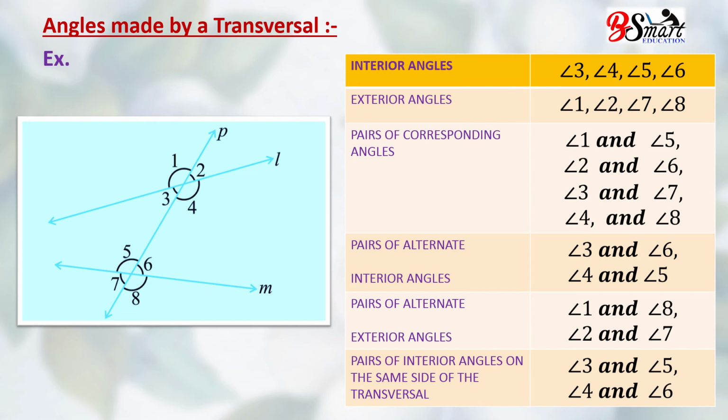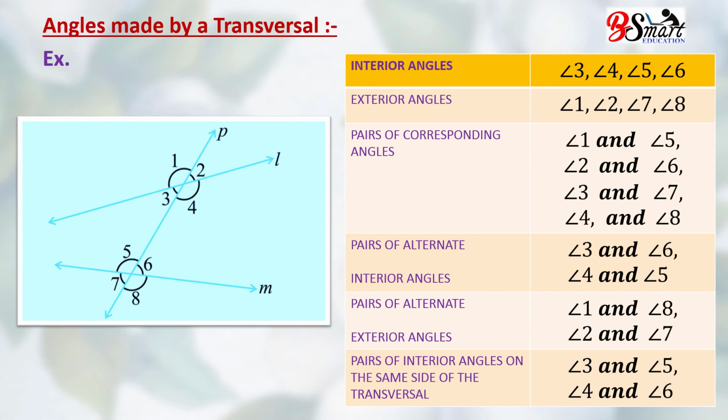Similarly, what are the exterior angles? If interior angles are inside of the lines, then exterior angles are present outside. So, exterior angles are angle 1, angle 2, angle 7 and angle 8.